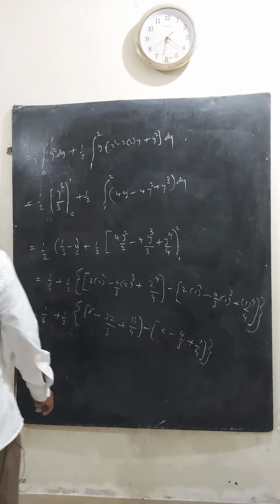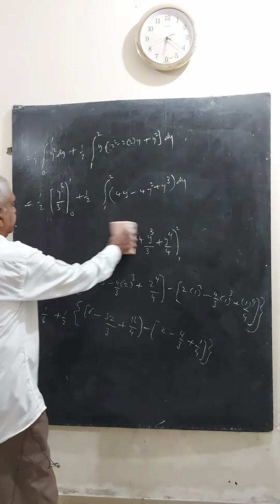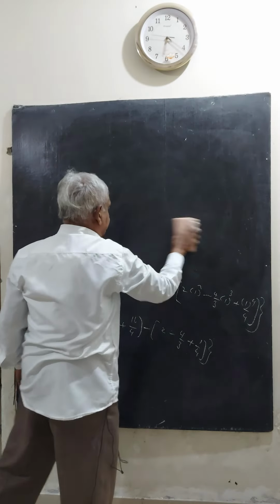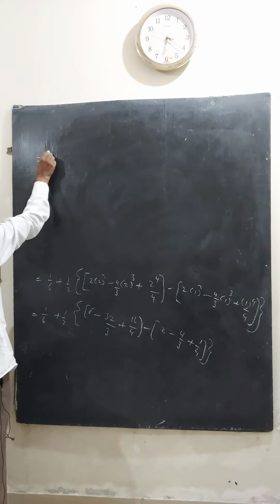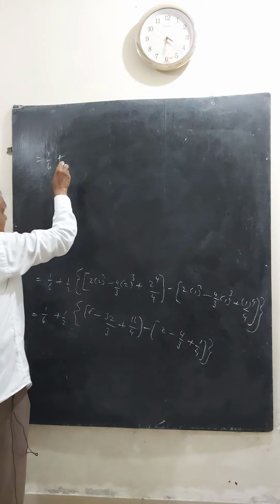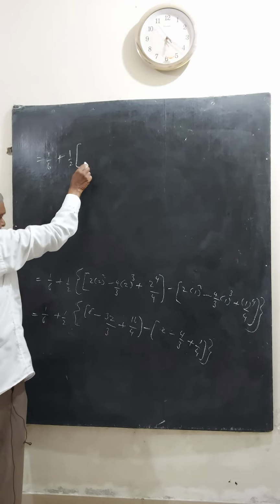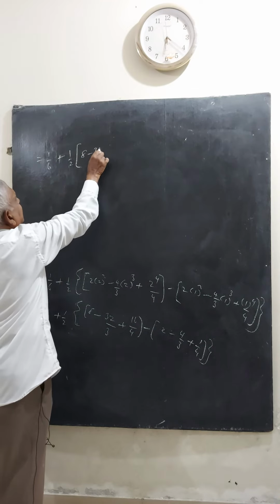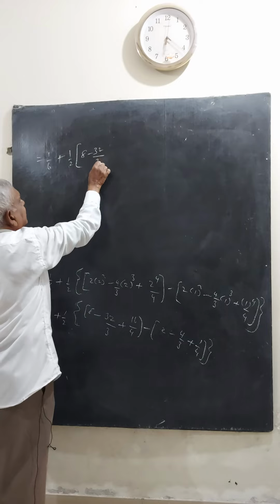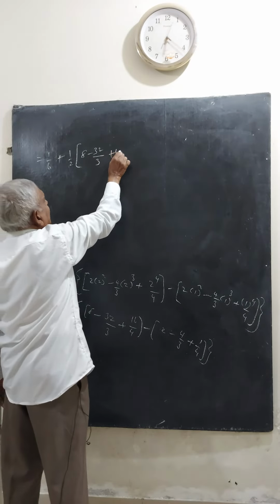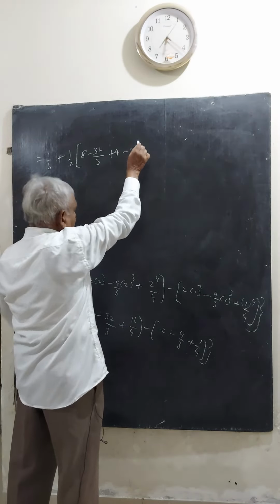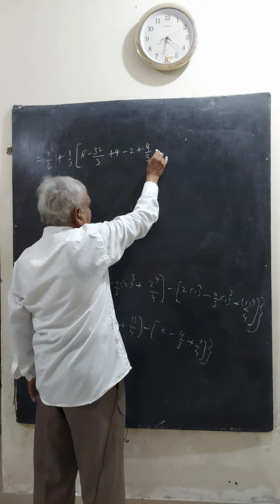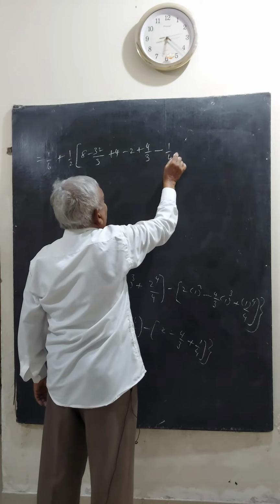Closing the bracket. Equal to 1 by 6 plus 1 by 2 of, removing the bracket, 8 minus 32 by 3, plus 16 by 4 is 4, minus 2 plus 4 by 3, minus 1 by 4.